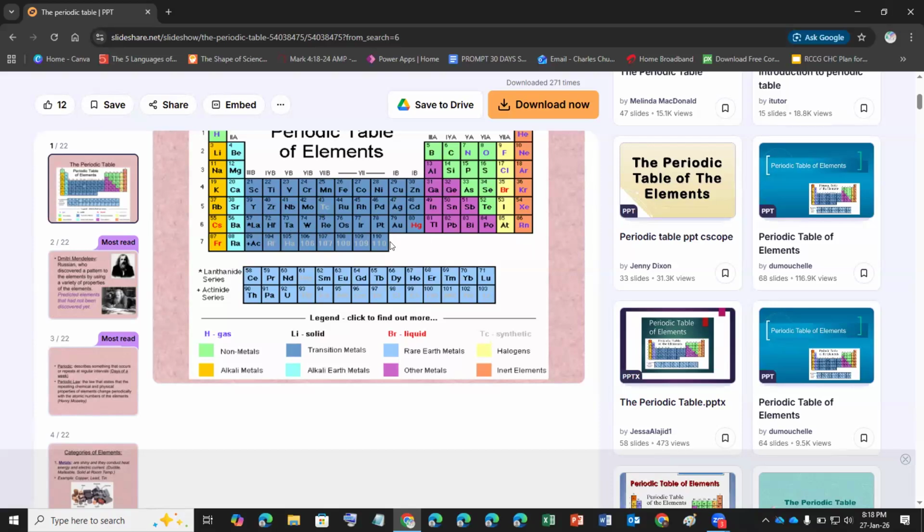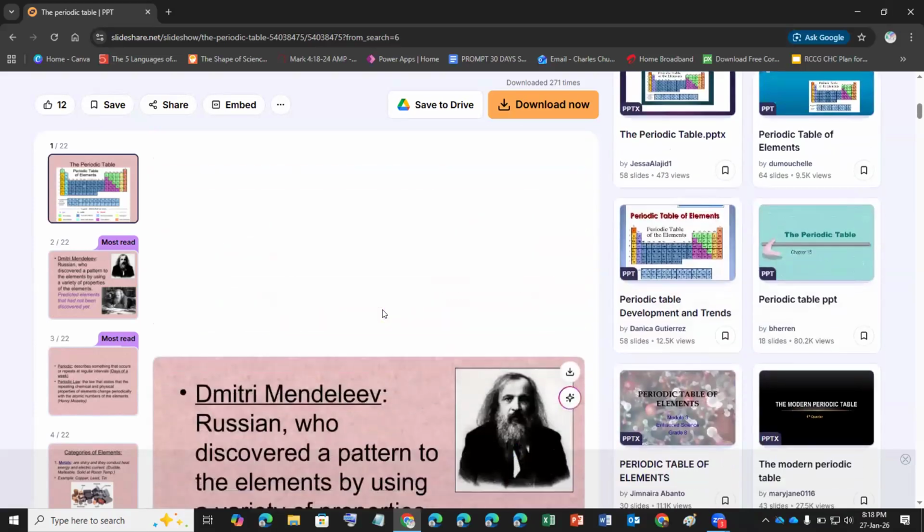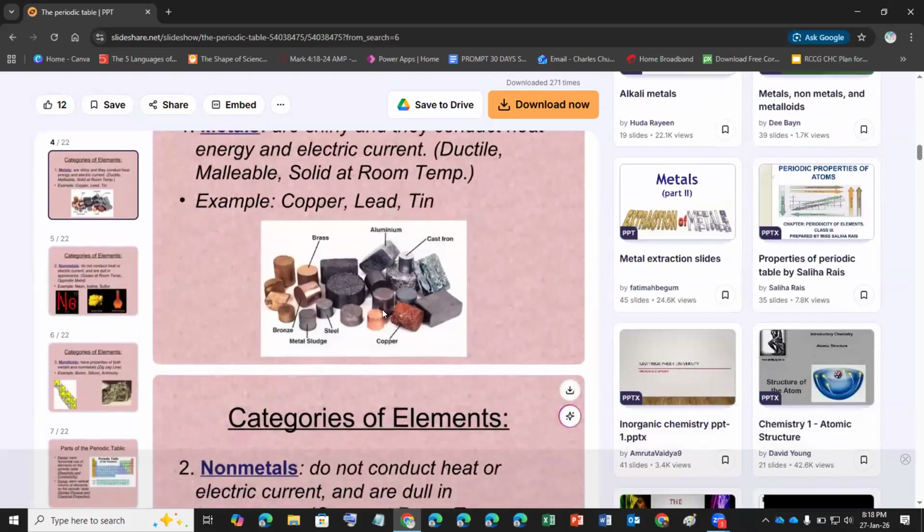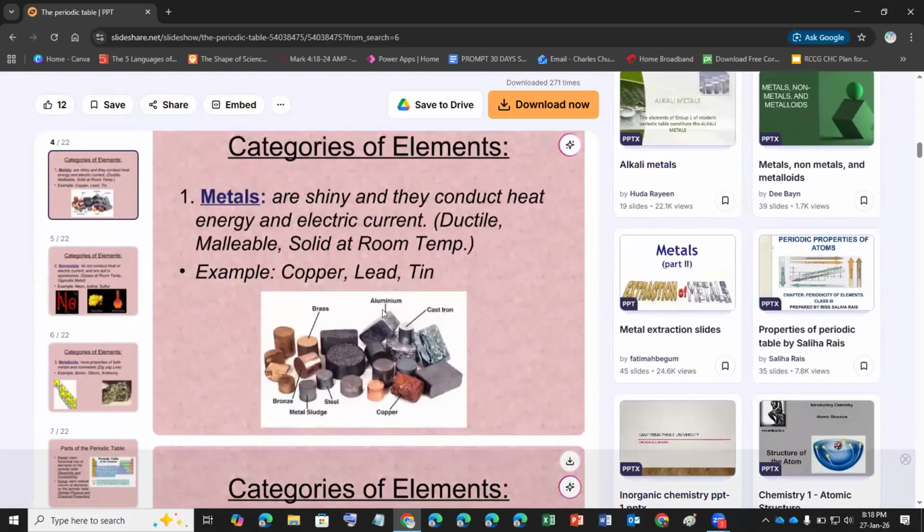The sixth one is in red. So it's a transition element, and it has some peculiar behaviors which make it a liquid at room temperature.